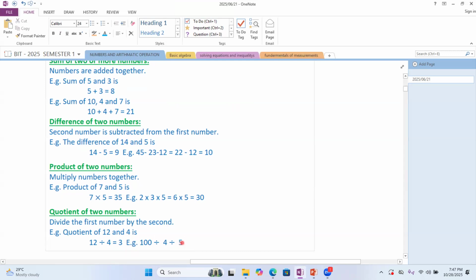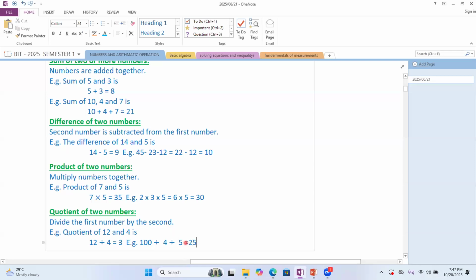How can we write this? How can we find the value of this problem? This exercise should be done with the first two numbers from left to right: 100 divided by 4 is 25.